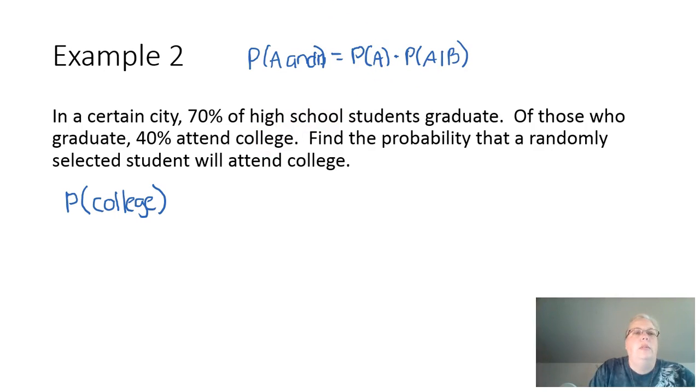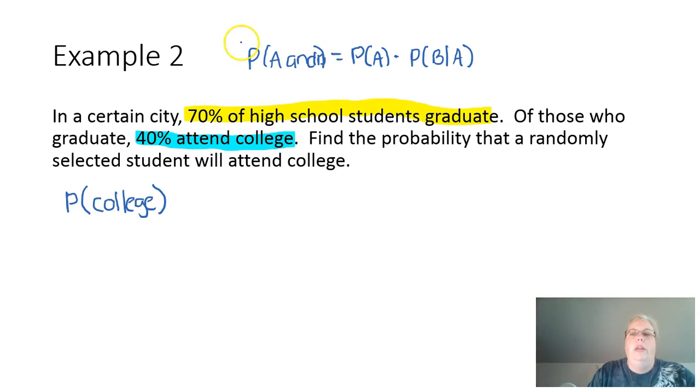Nope, that's backwards. We want the probability that B happens given that A has already happened. Okay, so event A here is going to be the 70% of high school students who graduate. And then event B is going to be the ones who attend college.